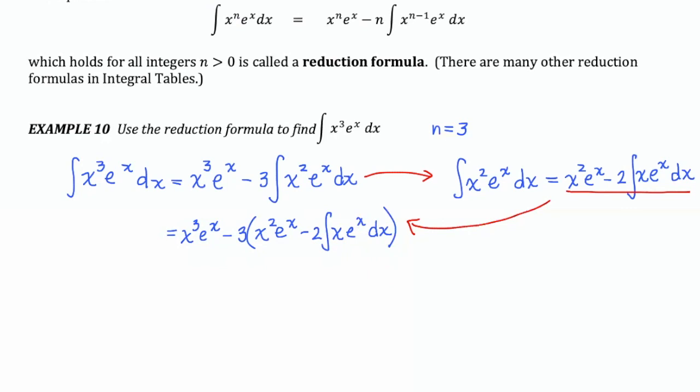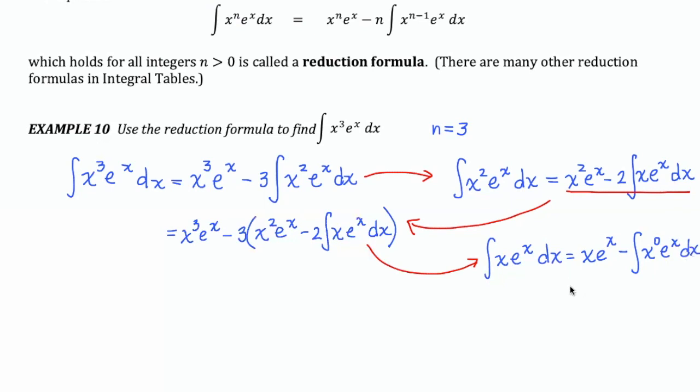Now I'm going to step out to the side again to work on this integral, which is the x times e to the x. If I apply the reduction formula with n equal to 1, I get x e to the x minus the integral. When I put in x to the 1 minus 1, I get x to the 0 e to the x dx.